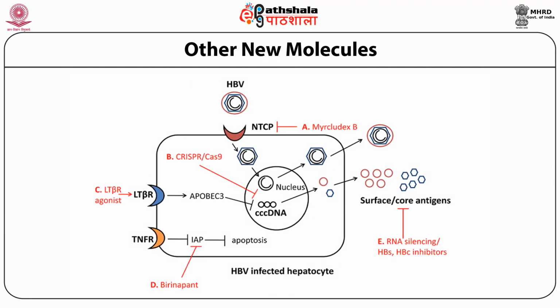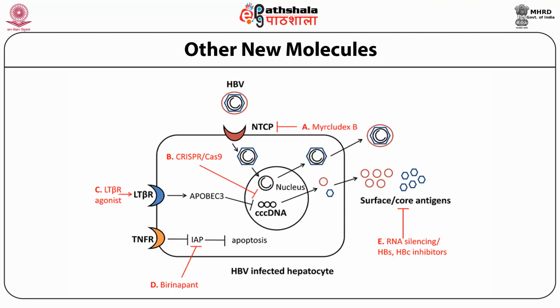New molecules have come. I am again giving the example of hepatitis B virus infection. Other new molecules are coming, like the LTBR signaling. To agonize the LTBR signaling molecule, because once LTBR signaling is induced by an agonist, it inhibits the cccDNA.